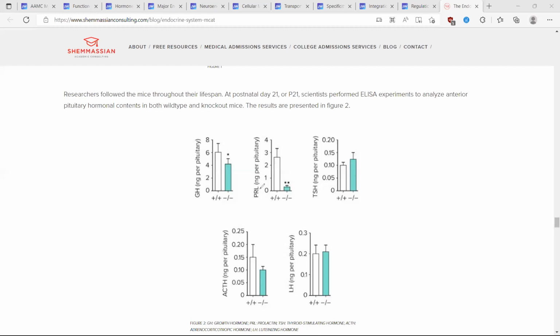Whereas for prolactin, we can say this is a significant change that we see directly as a result of the ZBT knockout. We also see a significant result for the growth hormone. We don't see a significant result for the TSH. So it's not TSH, it's not ACTH, and it's not LH. It could be either growth hormone or prolactin, right?